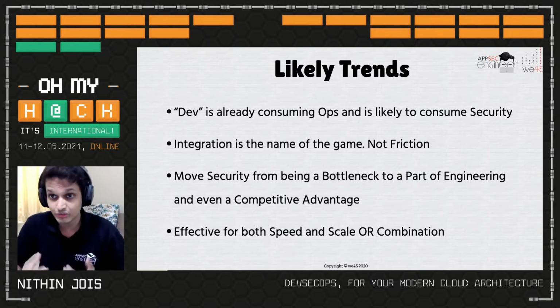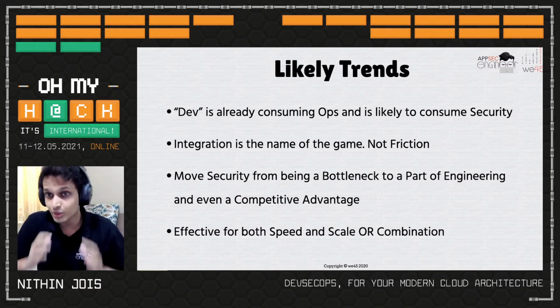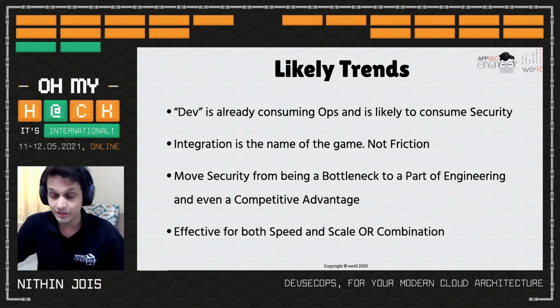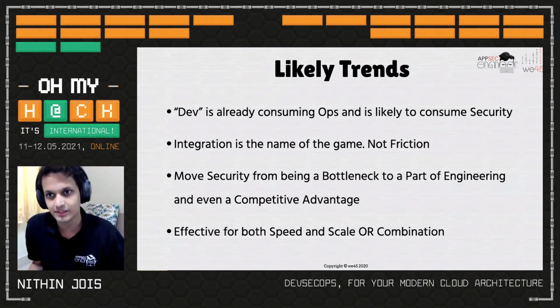You want to be effective for a combination of both, right? So you want to ensure that all of your security checks are being performed super rapidly. At the same time, you want to ensure that it's happening across all of the microservices that are going to be deployed, right? So if it's going to be a combination of both of these things, then you can be pretty certain that the entire security process is relatively mature.